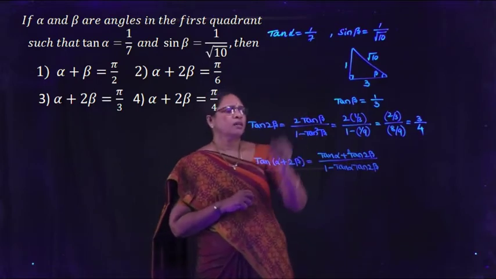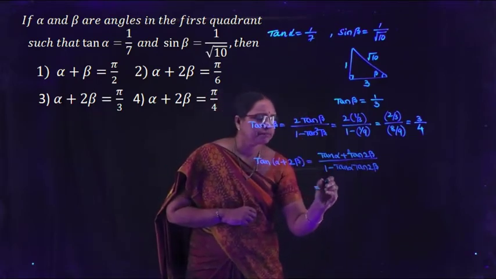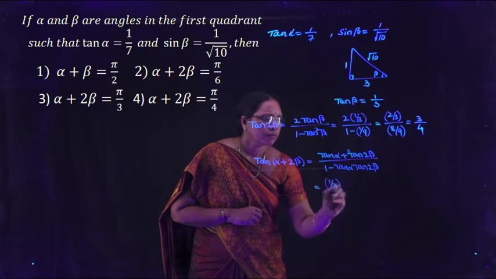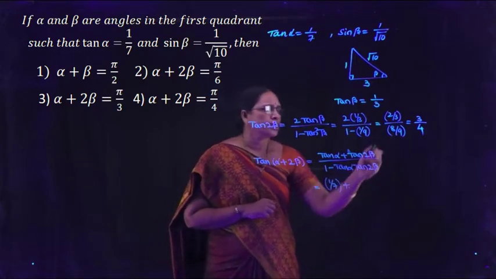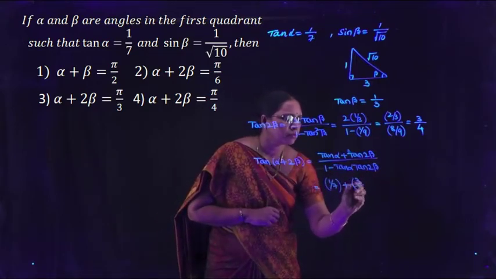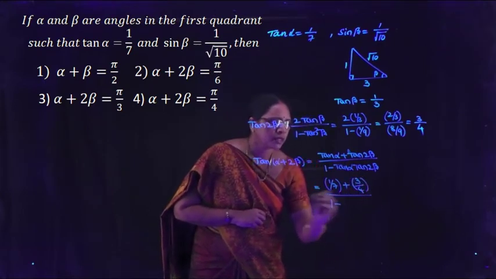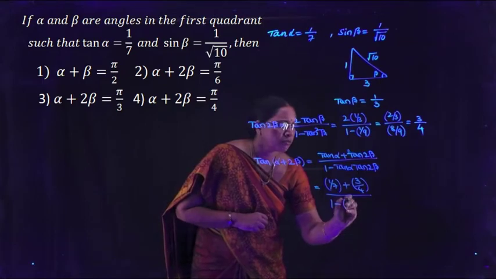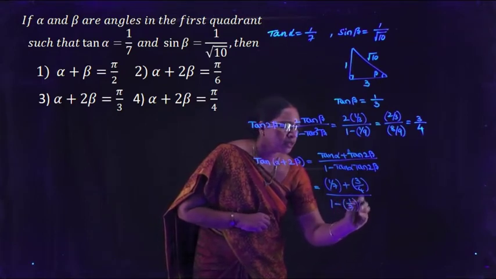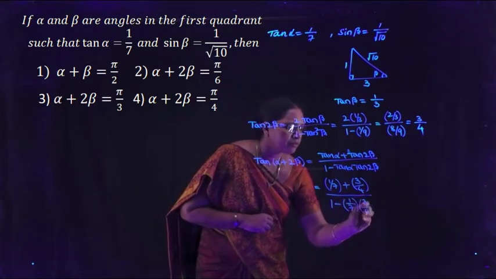Here tan alpha is 1 by 7 plus tan 2 beta is 3 by 4 whole divided by 1 minus tan alpha into tan 2 beta, where tan alpha is 1 by 7 and tan 2 beta is 3 by 4.